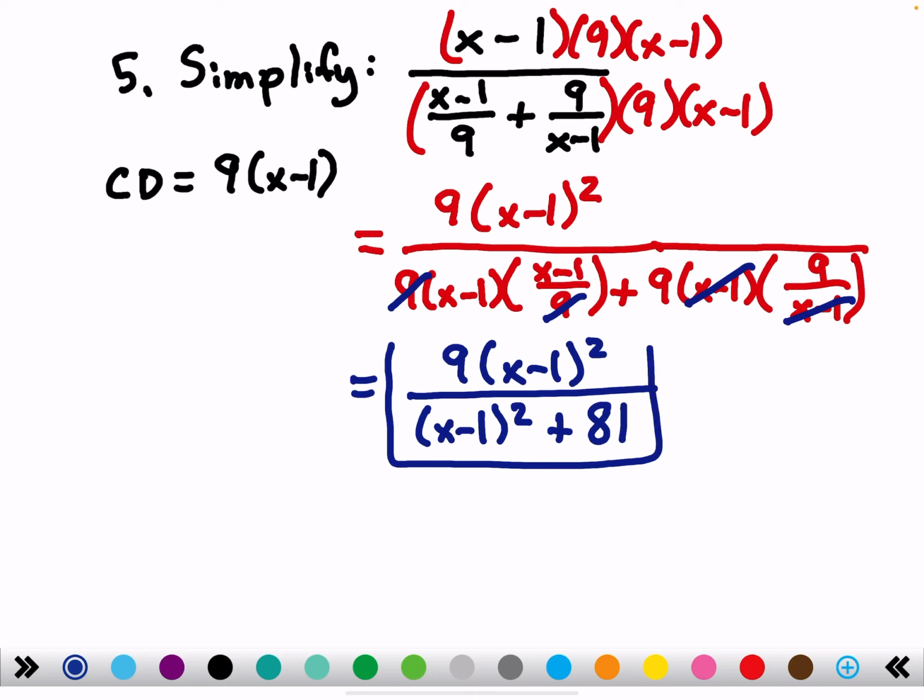So final answer, 9 times the quantity x minus 1 quantity squared over x minus 1 quantity squared plus 81. I would recommend just leaving it in the factored form rather than expanding it out, because most of the time you do not really need to expand these out when you simplify them.